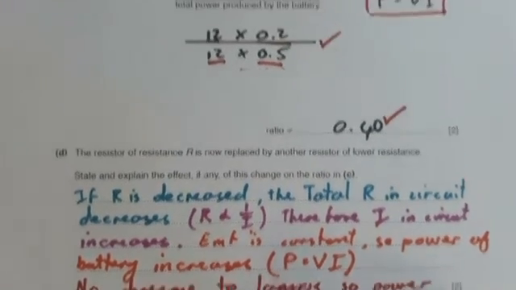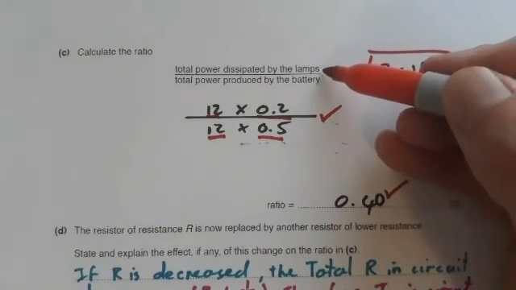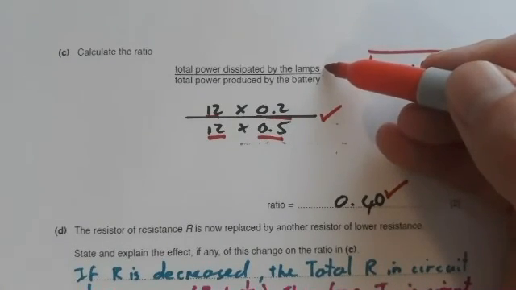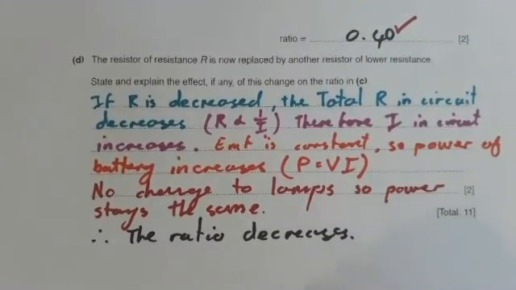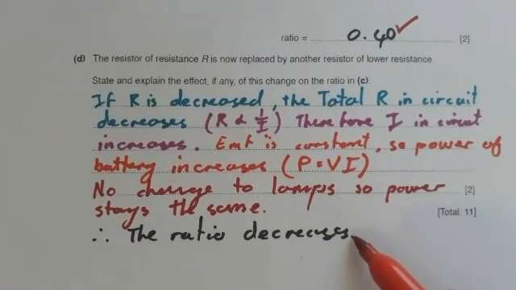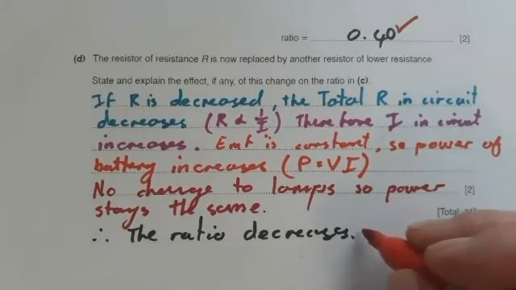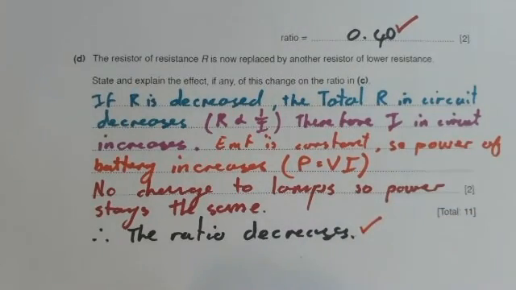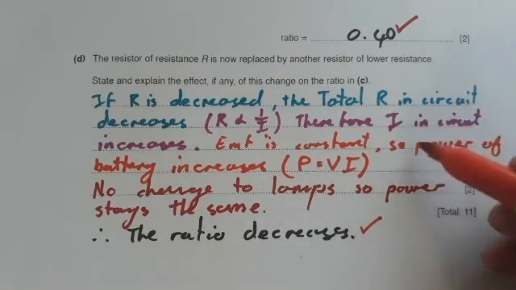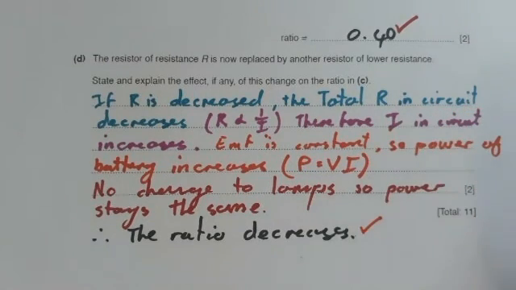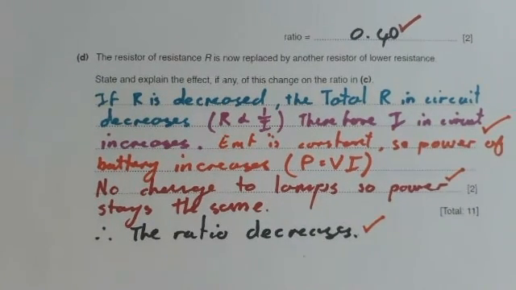So in my ratio, if my power of the lamp stays the same, but the power of my battery increases, my ratio is going to decrease. So you're going to get a mark for saying the ratio decreases, and you're going to get a mark for saying this. Well, that's why I say 3 marks. I would have said the power of the lamp staying constant, and that being changed in there. Right?